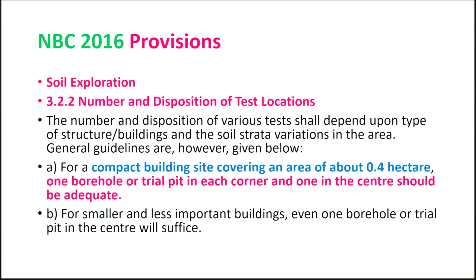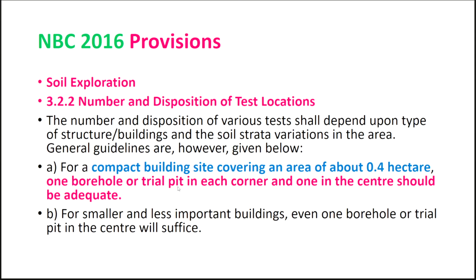तो ये गाइडलाइंस क्या कहता है, we will just try to see what this particular clause is saying. For a compact building site covering an area of about 0.4 hectare, 0.4 हेक्टेयर बोले तो कितना स्क्वायर मीटर हो गया? क्यों भाई कितना हो गया 0.4 हेक्टेयर? 4,000 हाँ 4,000 स्क्वायर मीटर। So suppose it is 4,000 square meters.